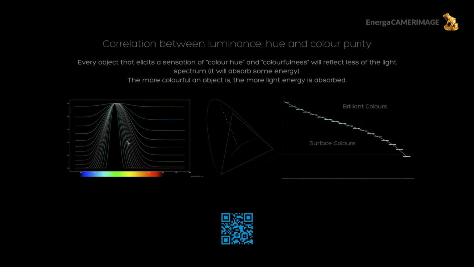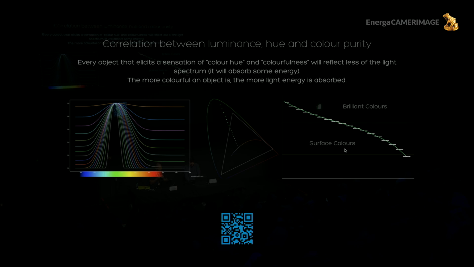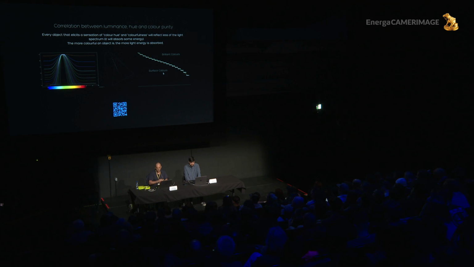Because if you only reflect a portion of the light, then compared to a white piece of paper where it reflects all of the light, that saturated green needs to go darker. And we found out that this curve here is a boundary between surface colors and brilliant colors. Sometimes when you look at an image and you feel that the saturation is too bright for that saturation, that's basically when you violate that boundary here.